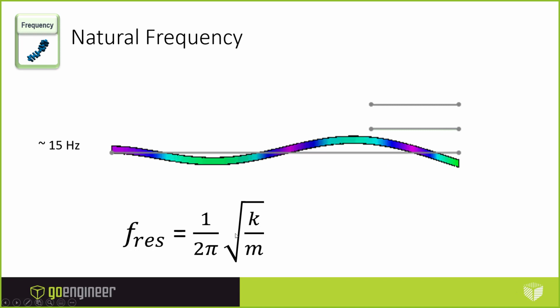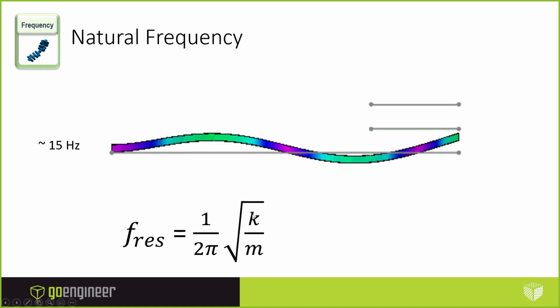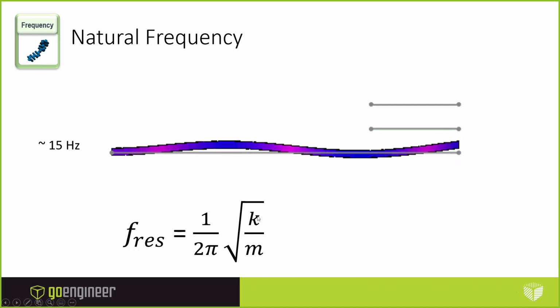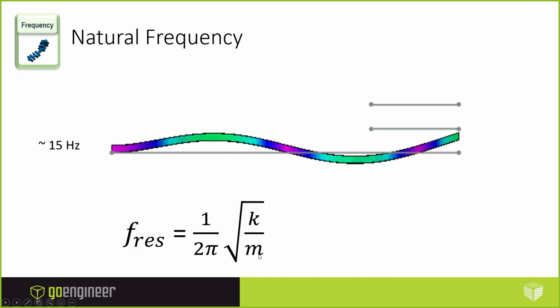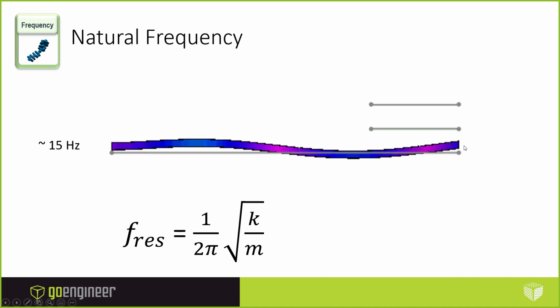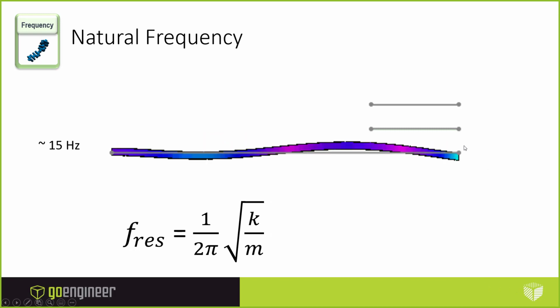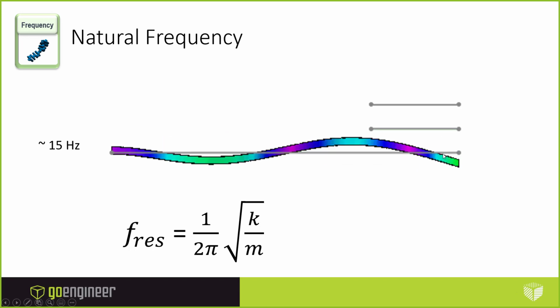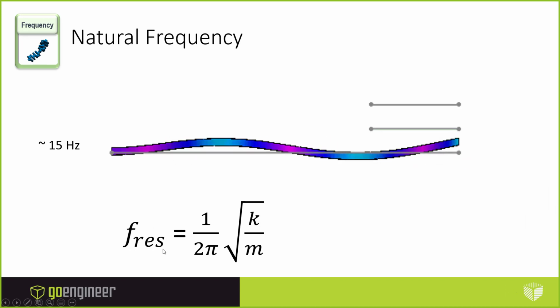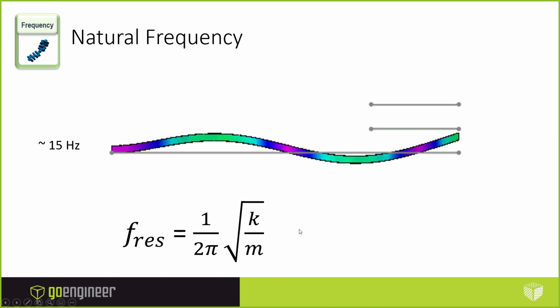I'm not going to dig into the weeds on this, but as far as the key parameters, the stiffness of the meter stick is important, but also mass. Picture if I put a big mass on the end of this meter stick and try to wave it up and down, that'll have a big effect on those natural frequencies. It'll tend to lower them. More massive things will move more slowly, causing these resonant frequencies to lower.